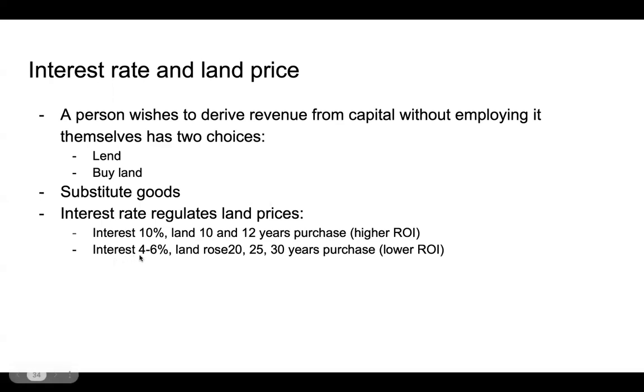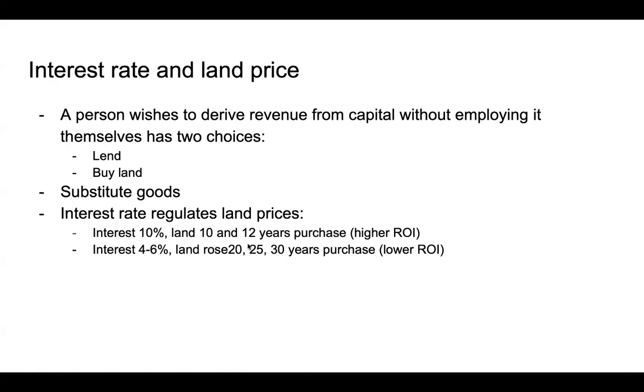And then when the interest rate fell to 4 to 6%, land price rose to 20, 25, and 30 years' purchase. That means the return on investment for buying land is lower. Now you have to invest a lot more upfront, then you can start taking rent forever. Why is that? Because now the interest rate has fallen, so those who sell land are able to sell it much more expensively.